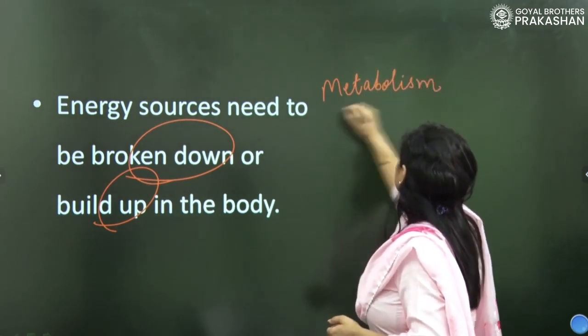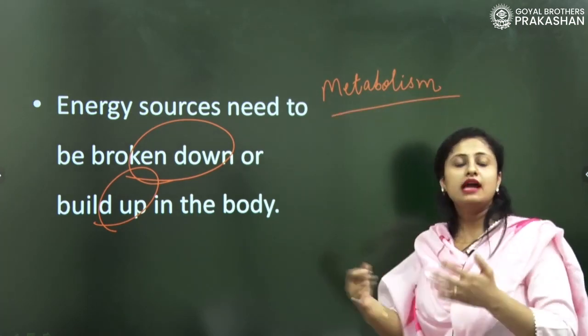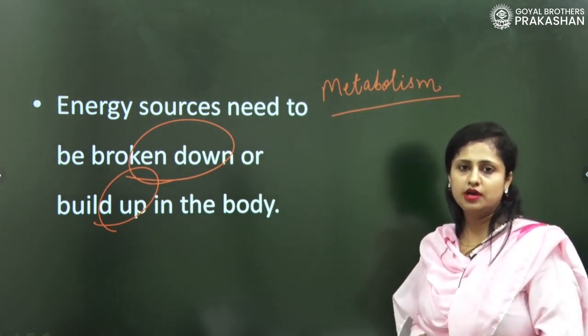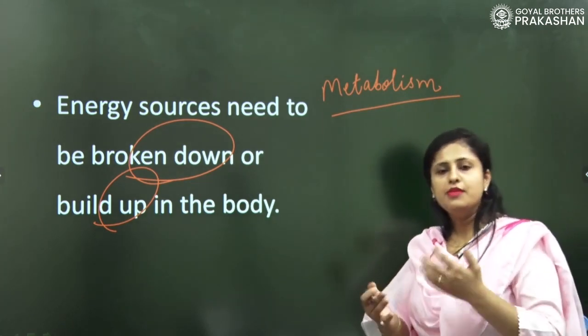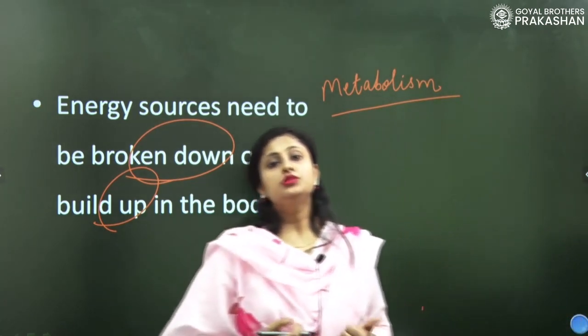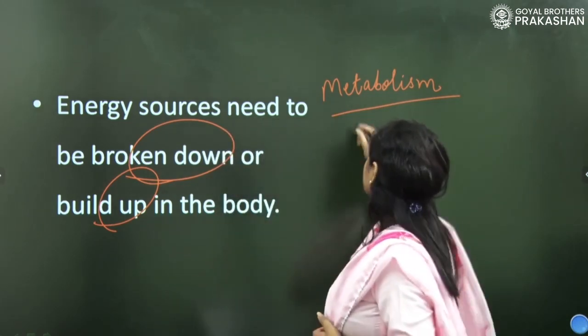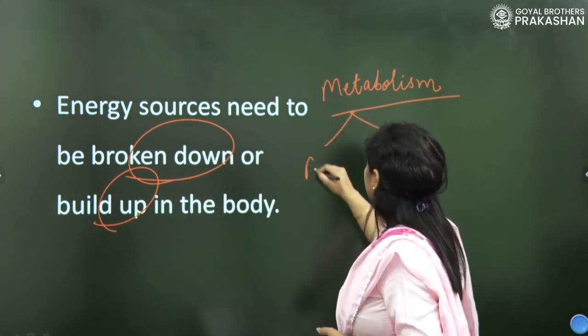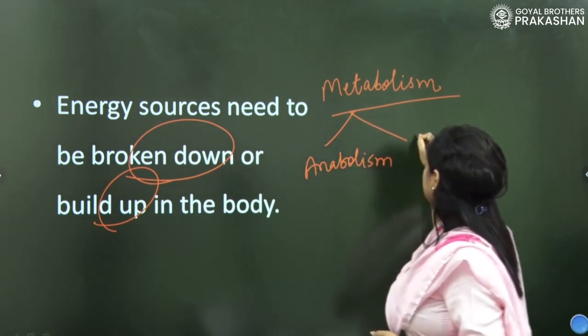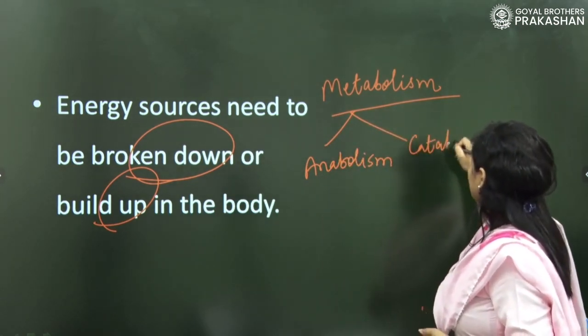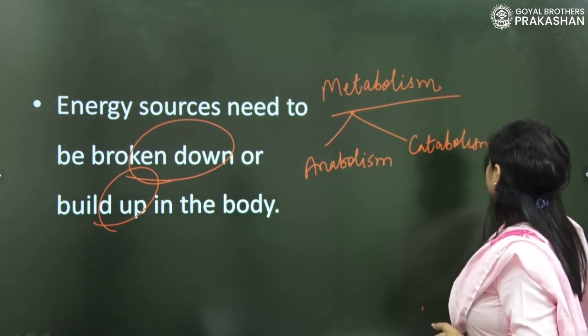Metabolism could be any of the reactions which occur in our body. Metabolism can be divided into two types: anabolism and catabolism.